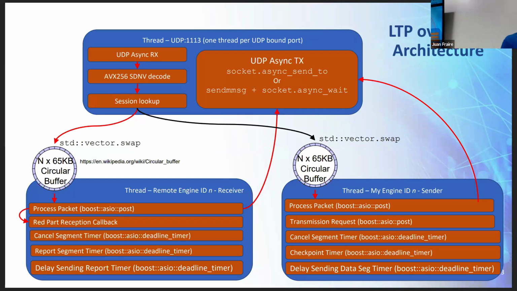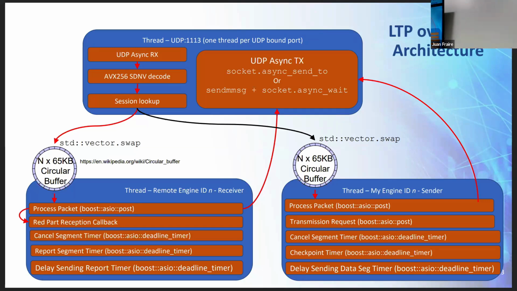The specification says that you should use UDP port 1113 and bind it there, and all communication goes over that. So we have one thread dedicated to managing that UDP socket, and its job is to ingest all these packets as fast as possible.